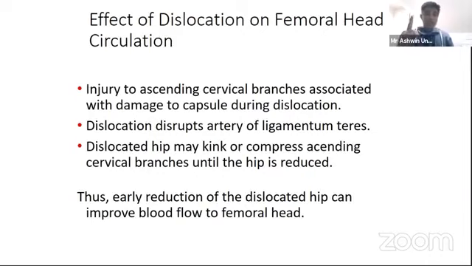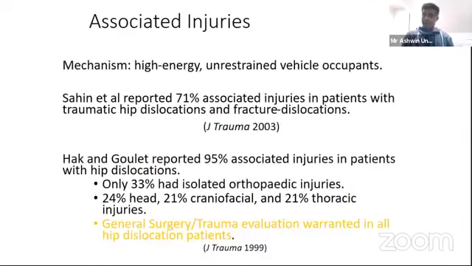It's very important to identify that early and relocate the hip, to improve the blood flow to the femoral head. And there are numerous studies showing the associated injuries that occur as a result of hip dislocation.